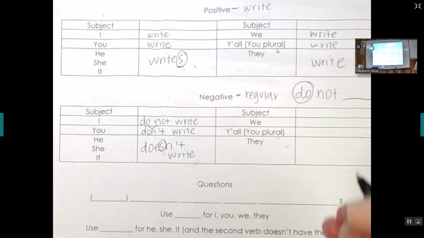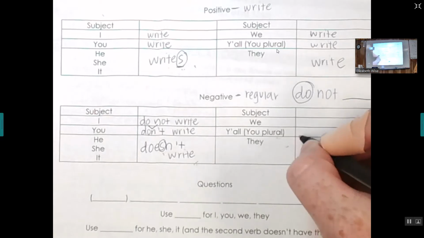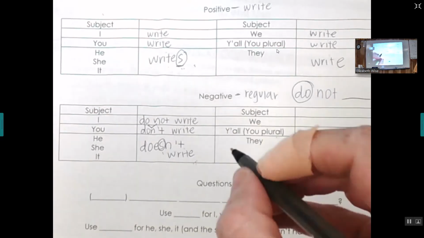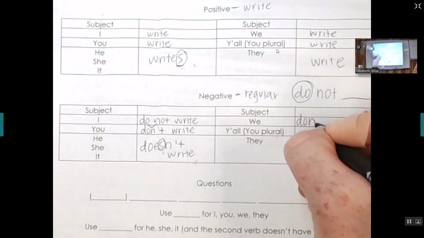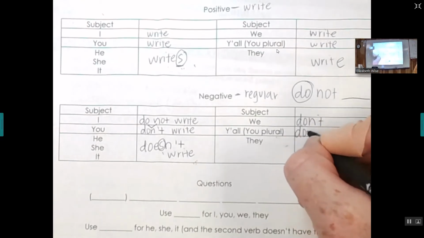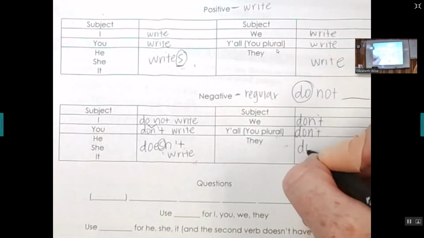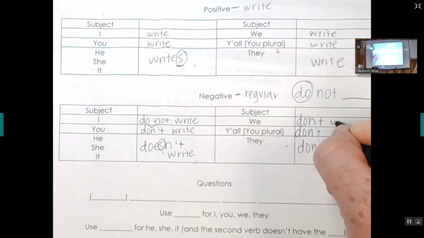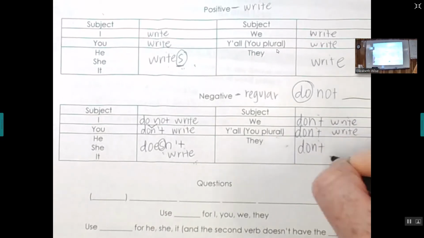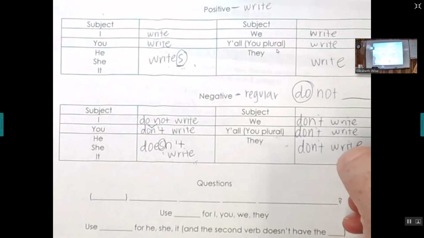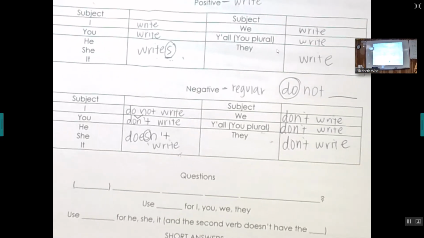So then we, you, and they is all don't. Don't write. The only one that's different, again, is he, she, and it.